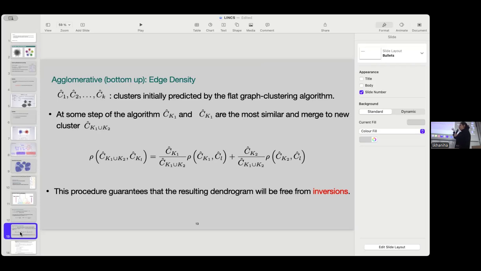we don't have inversion. In another paper, the same author uses this property because usually when we have data, we have a network, we don't know if it is hierarchical or not. So people use this property to conclude whether the data are hierarchical or not.